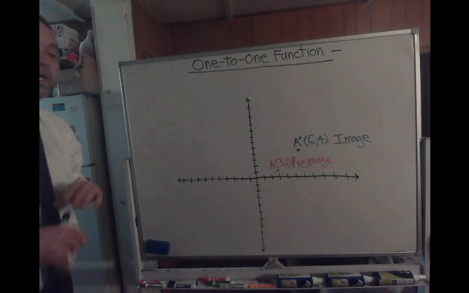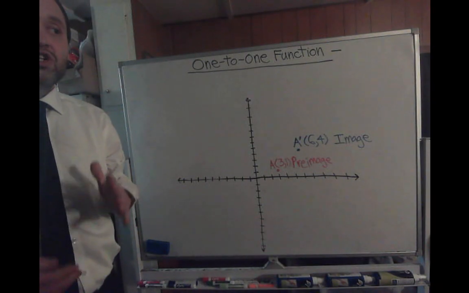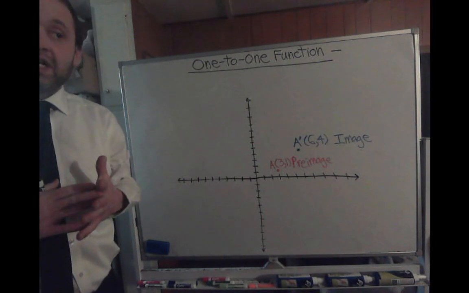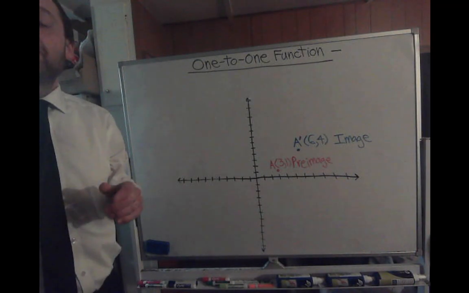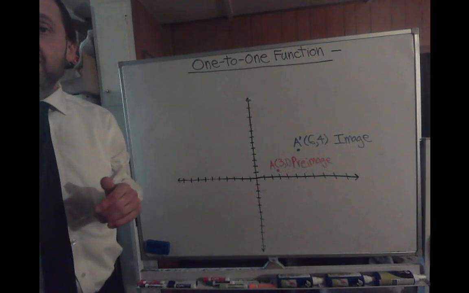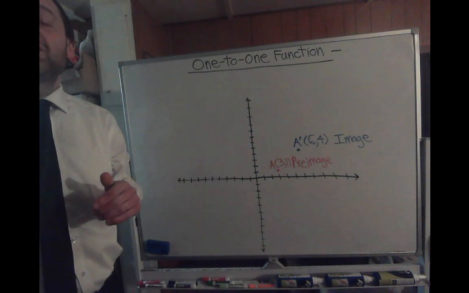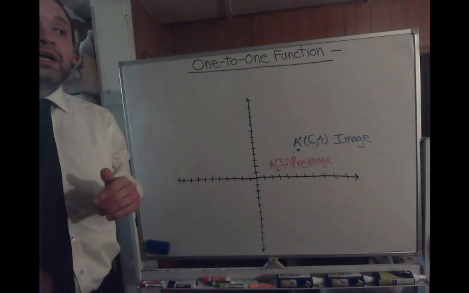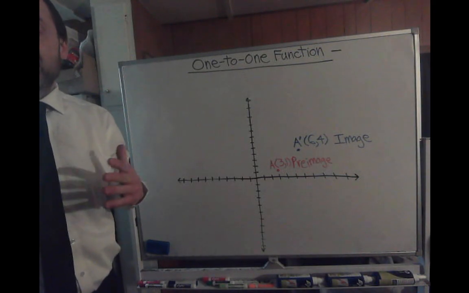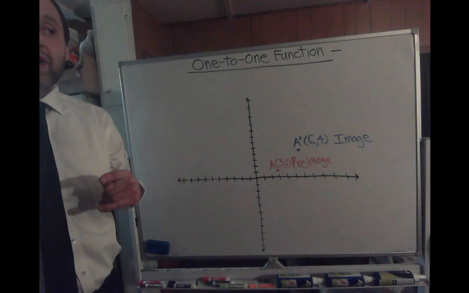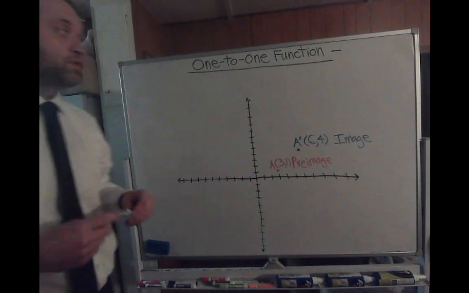So again, in general, for a set of numbers or system to be a function, each member of the domain, your x variable, your independent variable, however you want to call it, can have one and only one y variable relation, or member of the range, or dependent variable, however you want to refer to it.